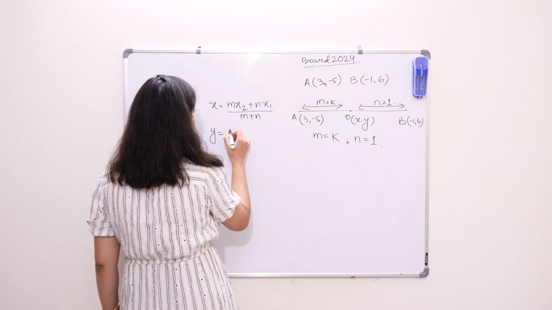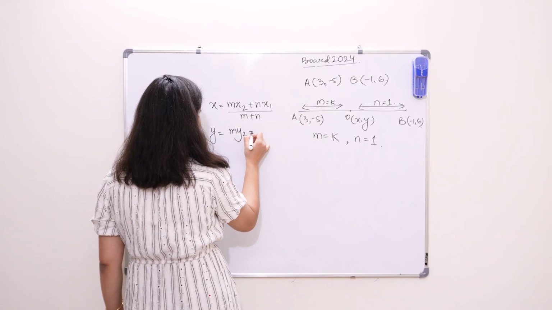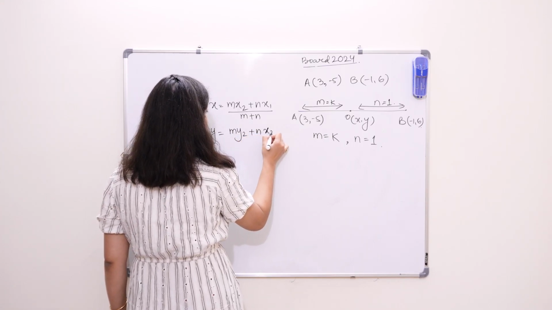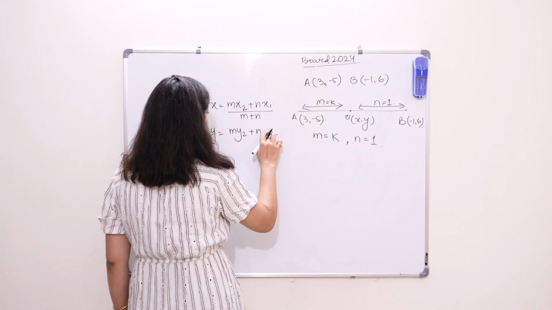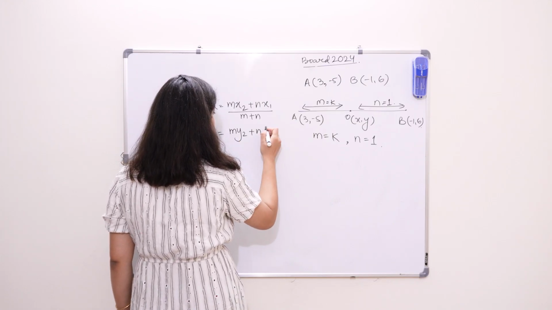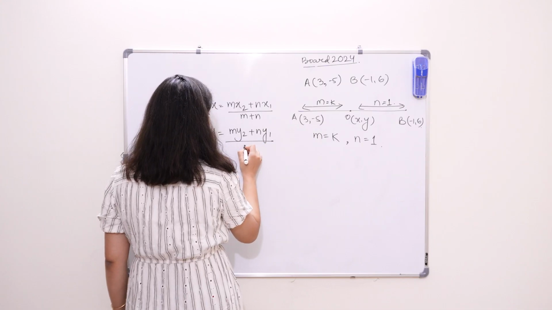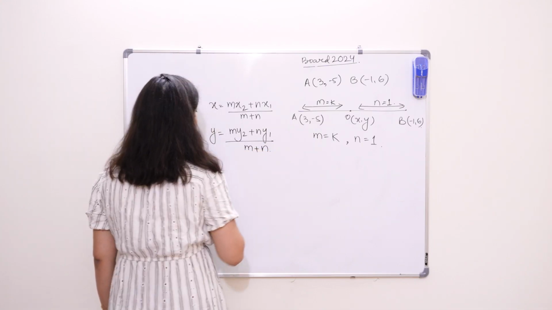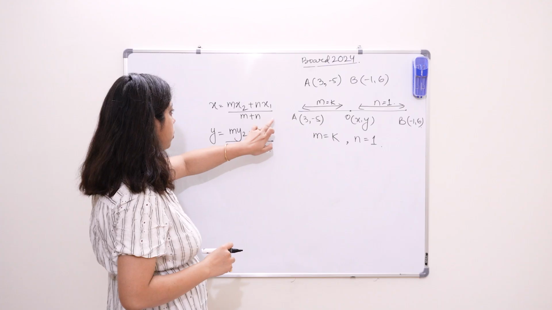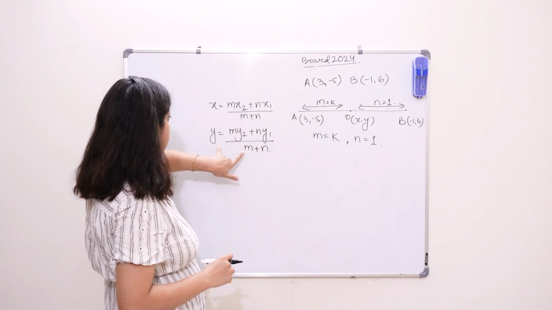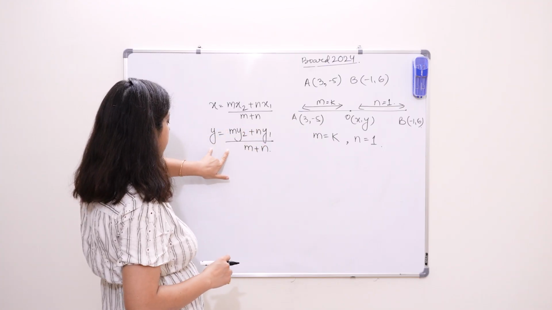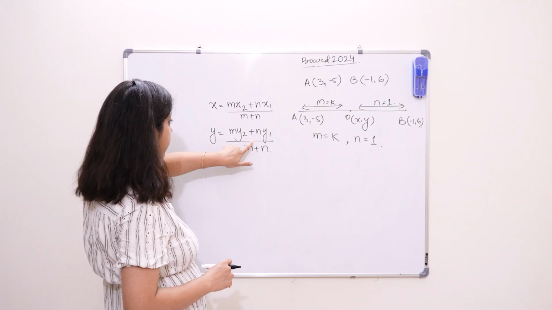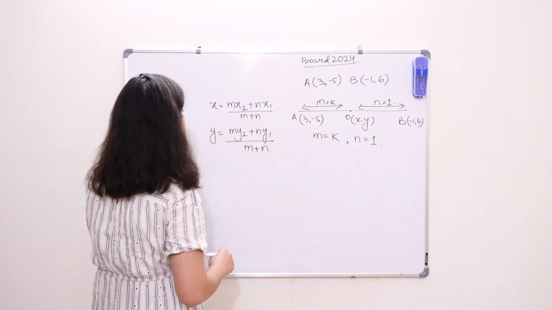Y is equals to m into y2 plus n into y1, sorry, my bad. ये थोड़ा कंफ्यूजिंग है बट करते करते आ जाएगा, राइट. x is equals to m x2 plus n x1 divided by m plus n, and y is equals to m y2 plus n y1 divided by m plus n.